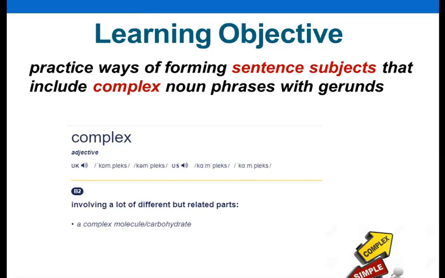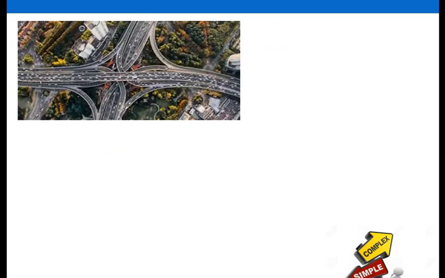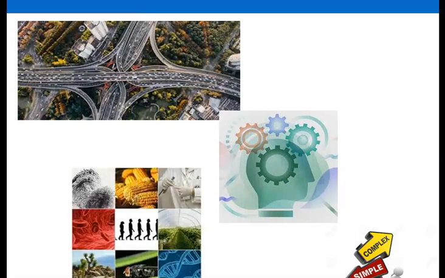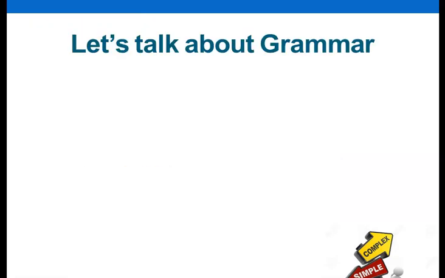So we are going to talk about a sentence subject that involves different but related parts. We have a lot of examples of complex things in our life, and actually a person himself is an example of a complex idea.